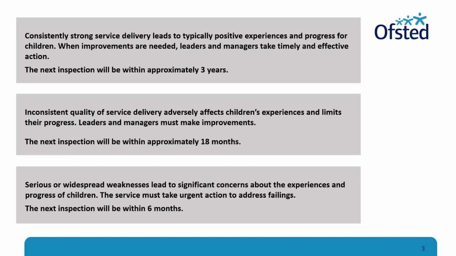We'd expect to go back within a shorter time scale, at least within 18 months. And then the bottom outcome is serious or widespread weaknesses leading to significant concerns for children. That next inspection will be within 6 months, although of course we've got other powers, and if we were really worried and thought we needed to take more serious enforcement action, we can do that too. So there are these 3 outcomes instead of the usual 4-point scale.